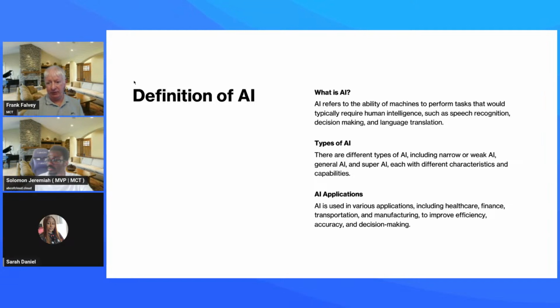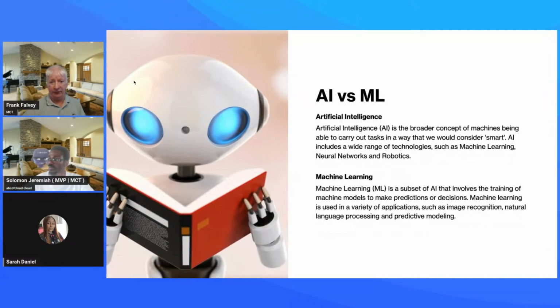Okay, so we had those different ChatGPT models like ChatGPT 3 and 4 and all those types, each with different characteristics and capabilities. Okay, AI applications is used in various applications, including healthcare, finance, transportation, manufacturing, and improves efficiency, accuracy, and decision making. Yep. So this is all true stuff that it gave us.